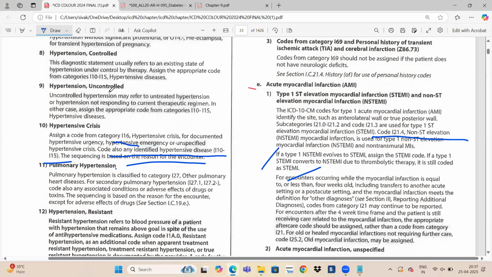We should not code symptoms. You need to code the condition, non-ST elevated MI. Clear? What is the code for a non-ST elevated MI?